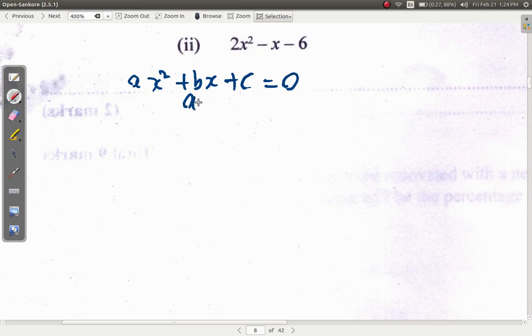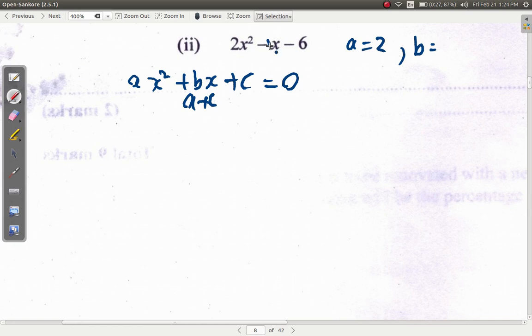You're going to multiply a by c. When you identify what is a, a is 2, b is not x, either.